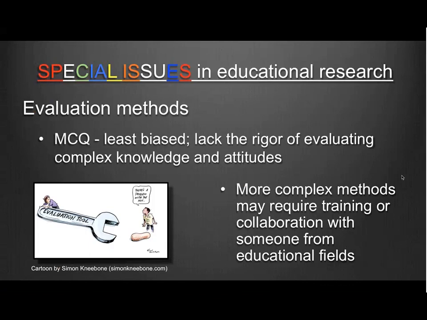When you're looking at evaluation methods, multiple choice questions are the least biased, but they also lack the rigor you want in terms of complex knowledge and attitudes. You really want to talk to some of the people to get an idea of what they're thinking.